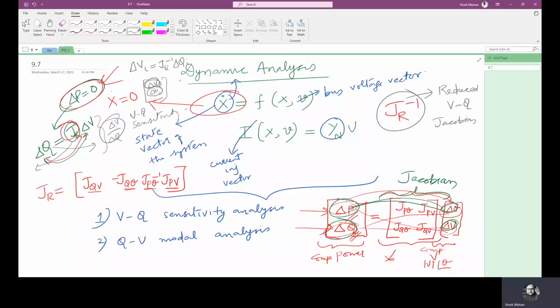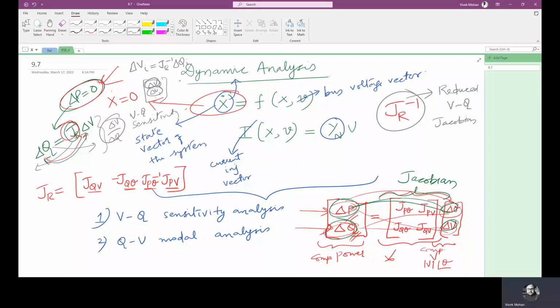Now, because of the nonlinear relationship between V and Q, the magnitudes of the sensitivities for different system conditions will not provide a direct measure of the relative degree of stability, because we assume incremental disturbances and we are linearizing around the operating point. We are not taking it as nonlinear as such. So that is why this assumption comes into the picture.